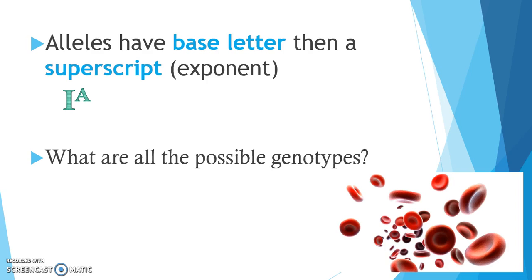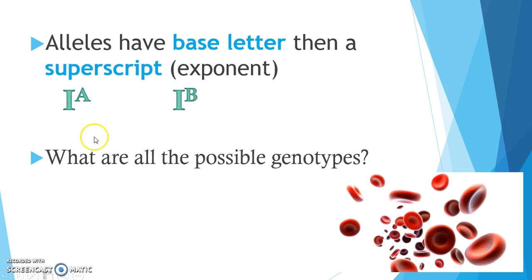It is written differently, and you need to make sure that this A is an exponent. Okay? Do not write it I with a big capital A next to it. That will be incorrect. The next allele is I capital B as the exponent.